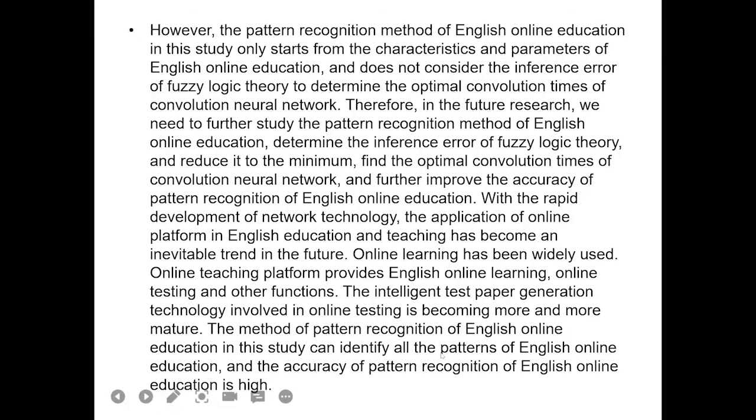However, the pattern recognition method of English online education in this study only starts from the characteristics and the parameters of English online education, and does not consider the inference error of fossil logic theory to determine the optimal convolution times of a convolution neural network.